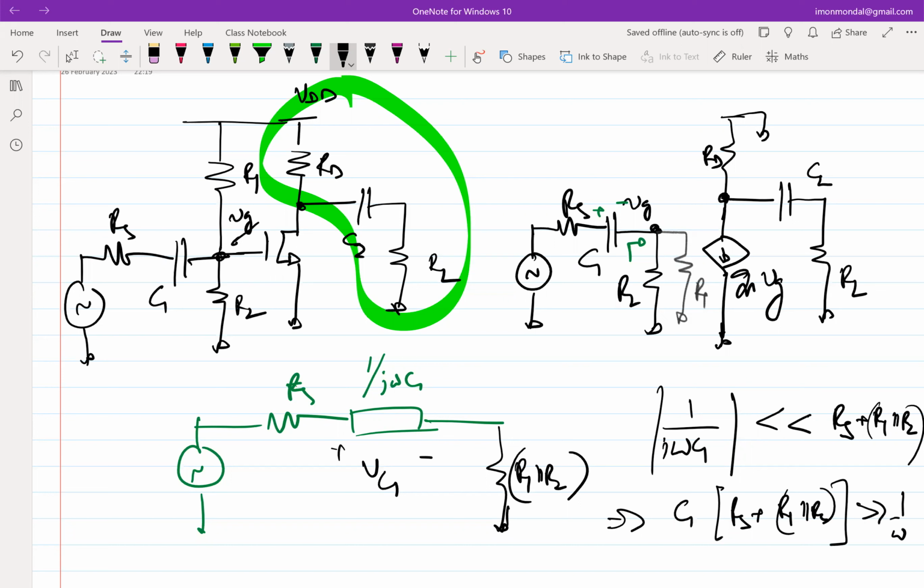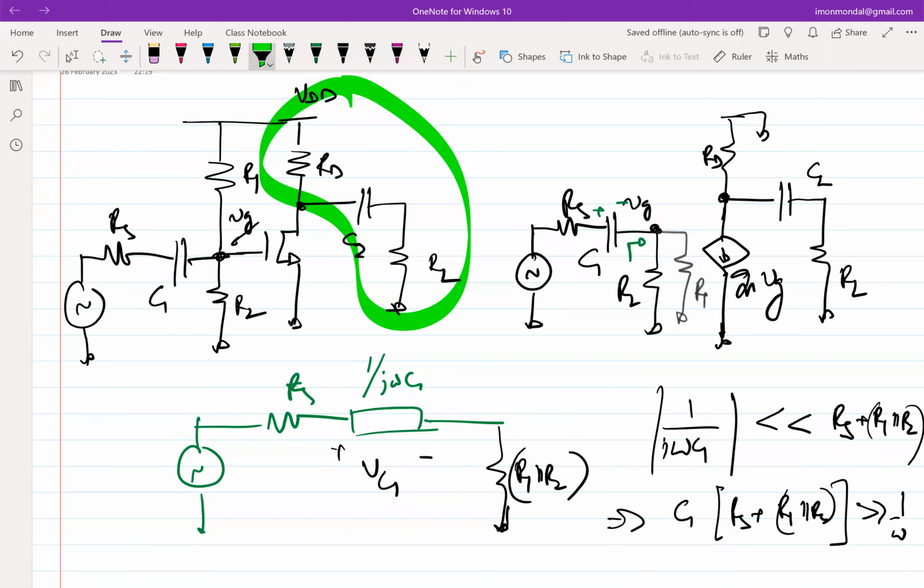Okay. So now, before I move to the right-hand side part of the network, the output side: ideally, yes, but let's assume the capacitor is shorted. In the presence of RS and VG, there will be a voltage division.